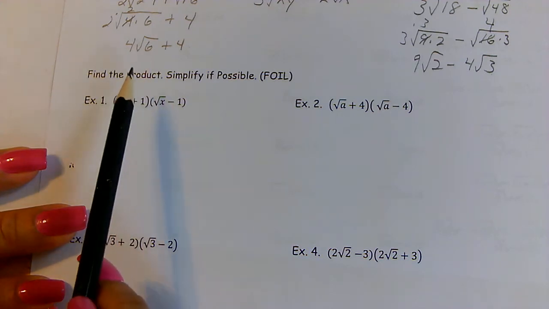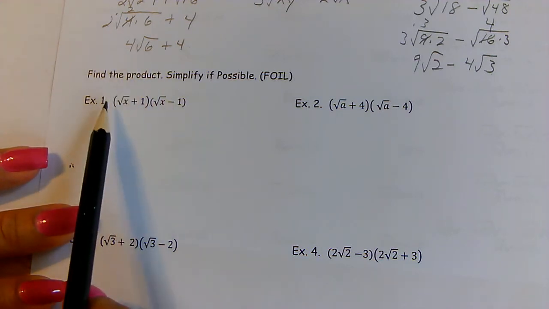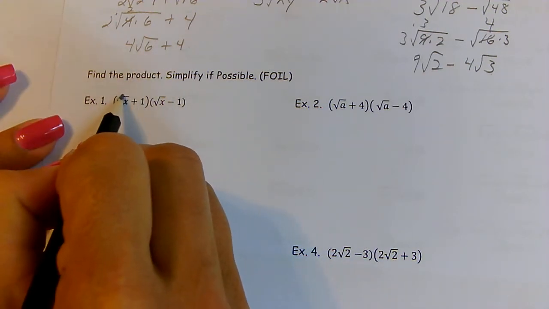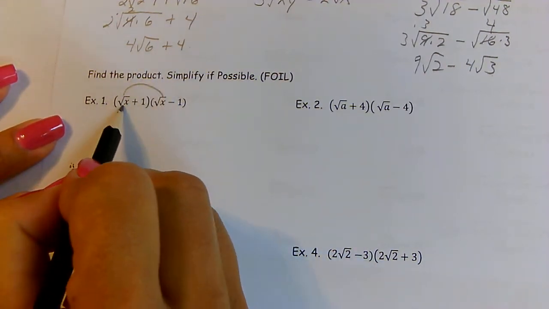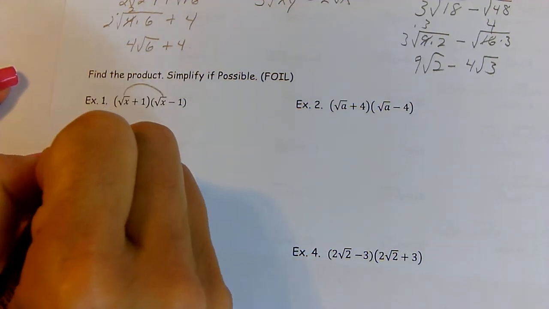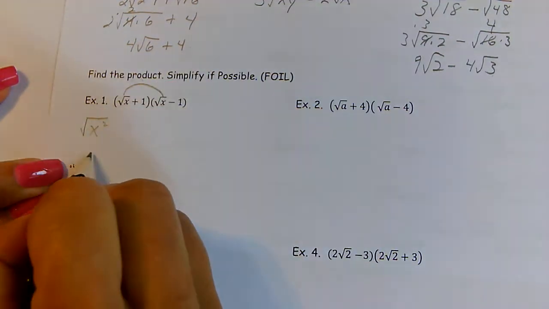Okay, we're still finding product, multiplying. 2 terms times 2 terms. FOIL, still multiplication. Square root of x times the square root of x is the square root of x squared, which is just x.